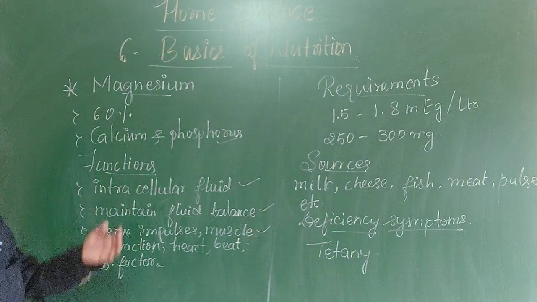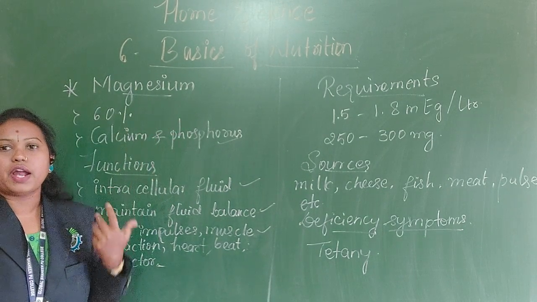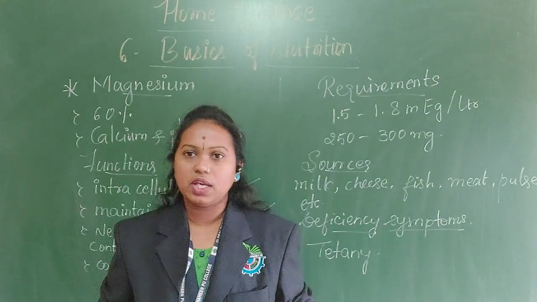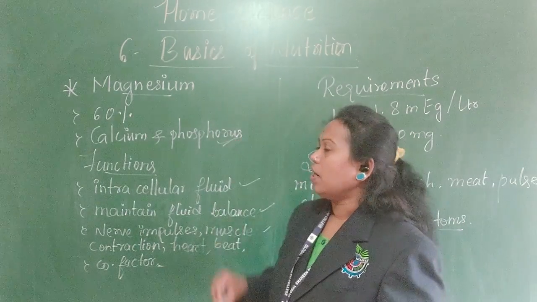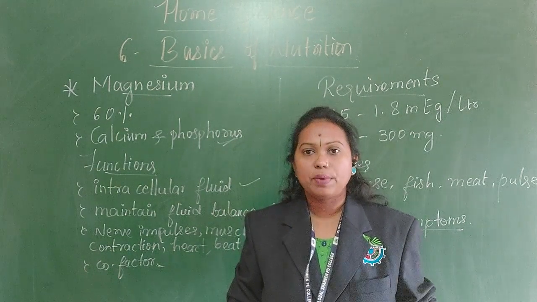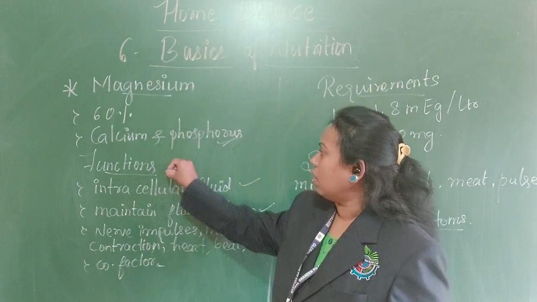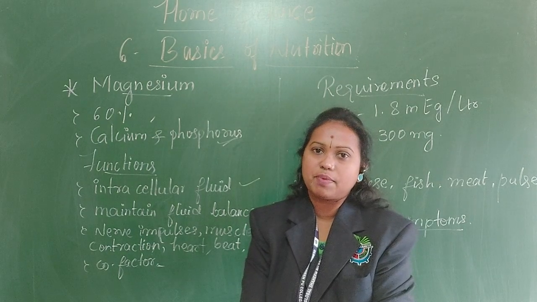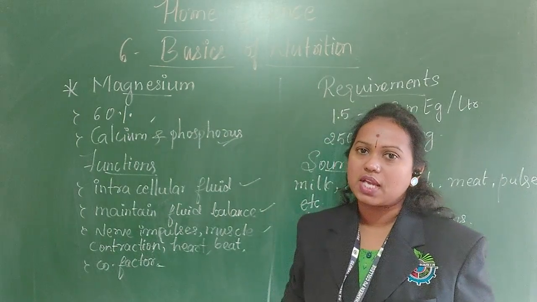Okay. Now, the mineral magnesium is one of the important vital macro minerals. It is required by the human body along with calcium and phosphorus to maintain optimal bone health. About 60% is found along with calcium and phosphorus in the bones and teeth.